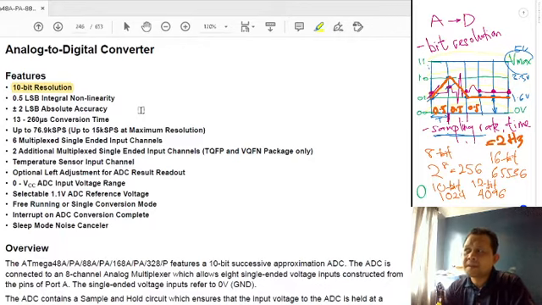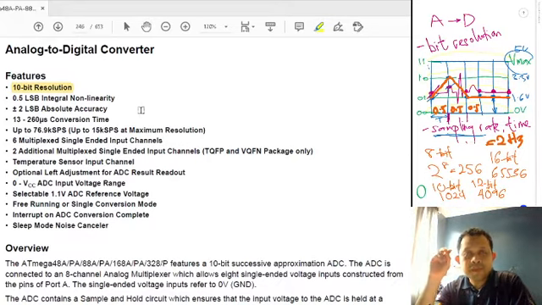So how many bytes do you use to store these 10 bits? Even though it is 10 bits, you still use 2 bytes, because you cannot store half a byte. There's only 1 byte, 2 bytes, 3 bytes, 4 bytes, and you cannot go in between.